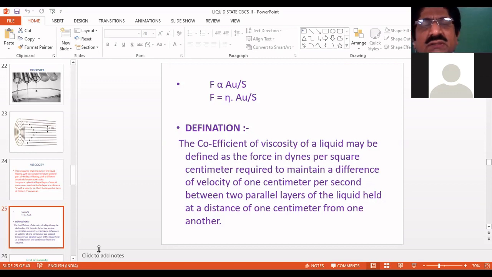So this is the definition of the coefficient of viscosity. And as far as the examination is concerned, the definition is important. 2 marks, they will ask the definition. This is the important part.